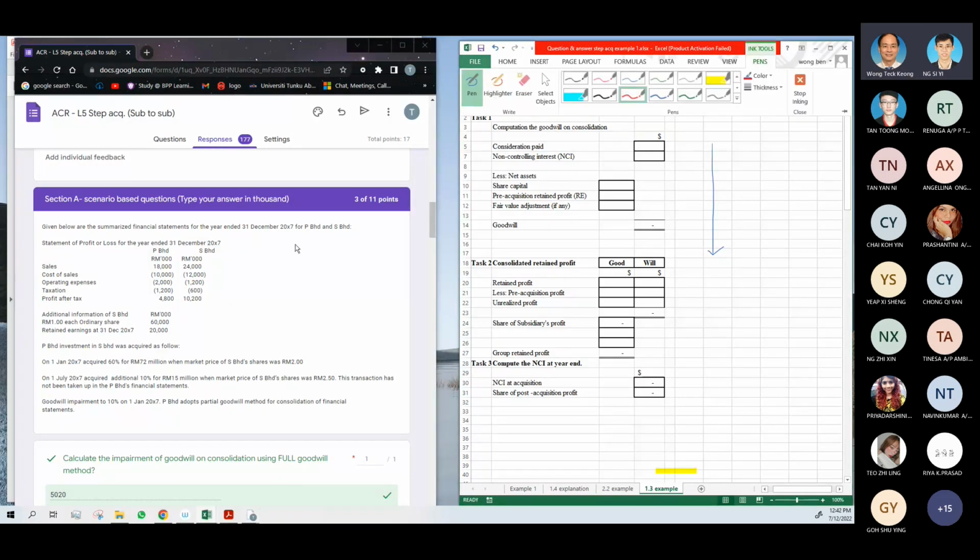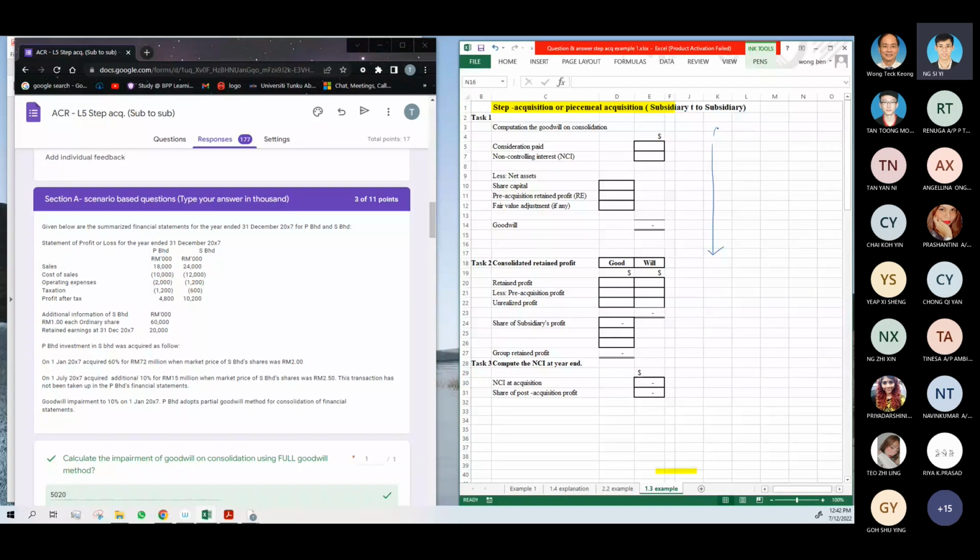P acquires 60% of S for 72 million when the market price of S per share is $2. So on 1st January X7, P acquires 60%.